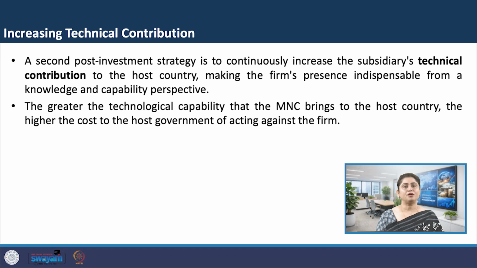Why? Because expropriation of a technologically sophisticated subsidiary does not just take away the physical assets, the buildings and machinery, it also loses the operational knowledge, the technical expertise, and the ongoing technological upgrades that only the foreign parent can provide.